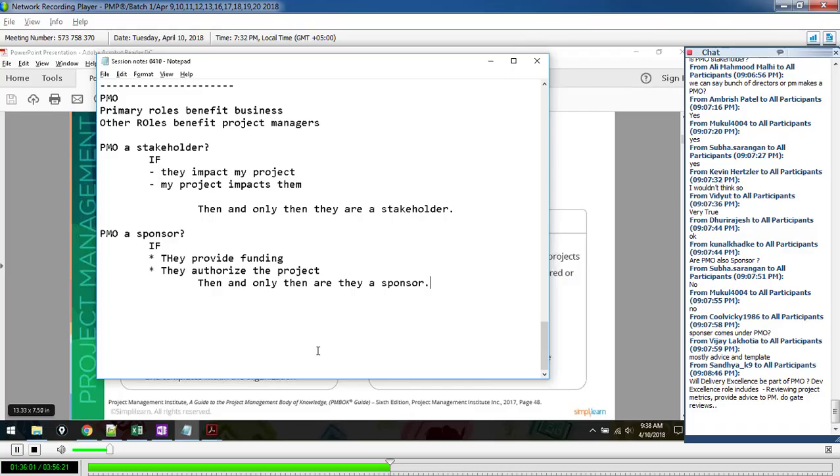PMOs have a broad spectrum of formality. NASA. There was a series of white papers on NASA, the National Aeronautic and Space, okay? Hold on. NASA.